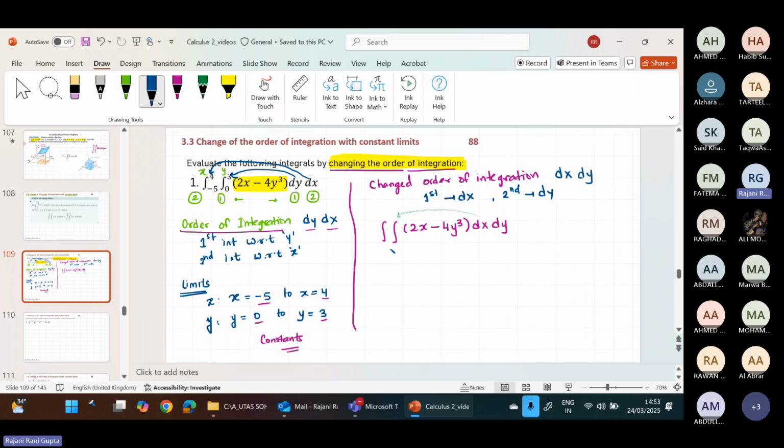And what are the limits for x? -5 to 4. X is from -5 to x equal to 4. And the outer one should be for y. What are the limits for y? Y equal to 0 to y equal to 3. So this is how your question gets changed.